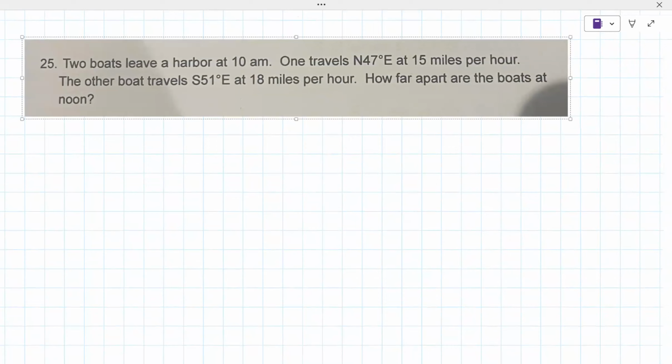I don't really remember how that works, and I don't want to mess that up for you. East of north. Okay. North. Okay. So this is north, and 47 degrees east of it is here.